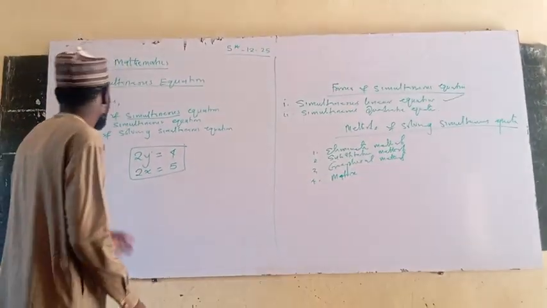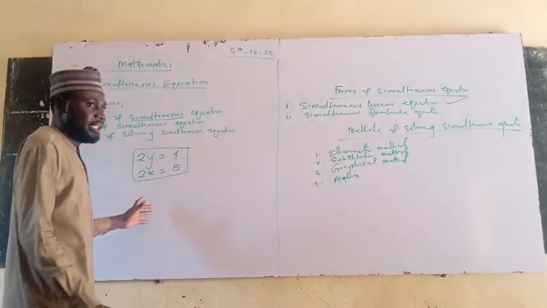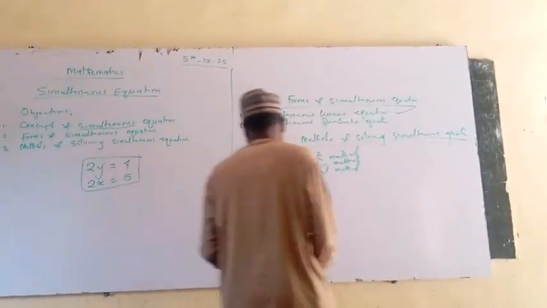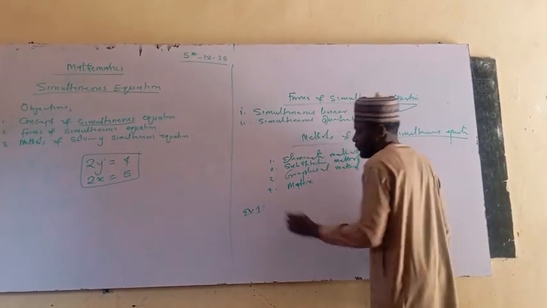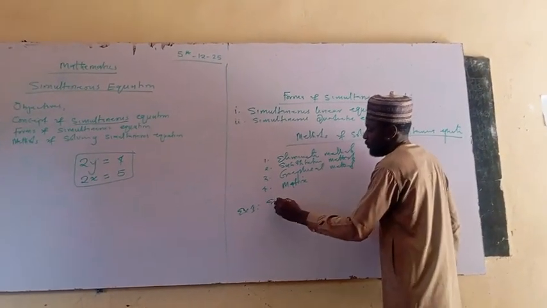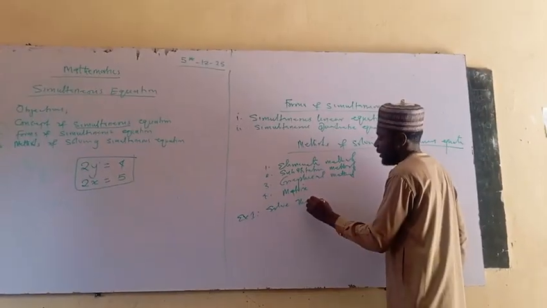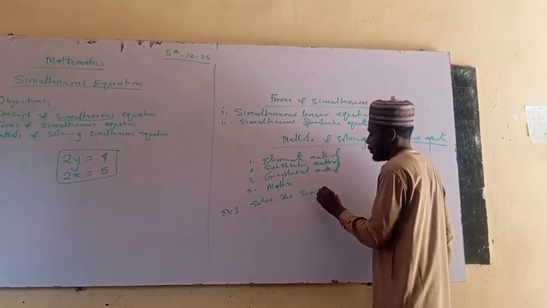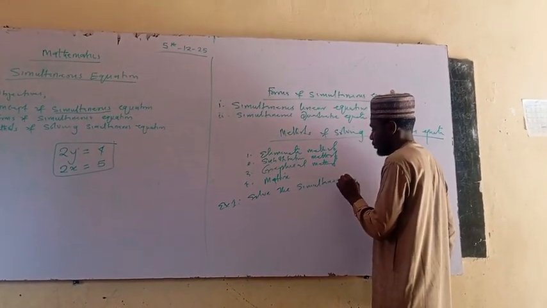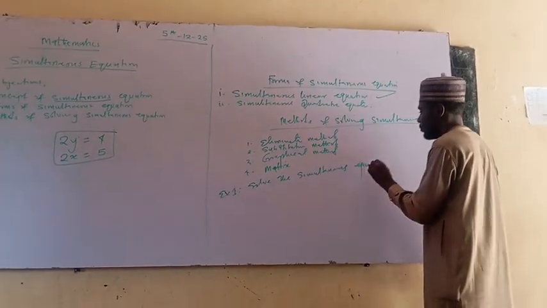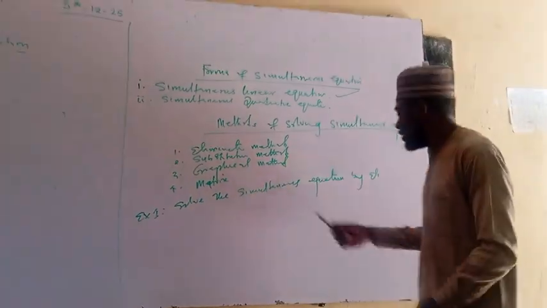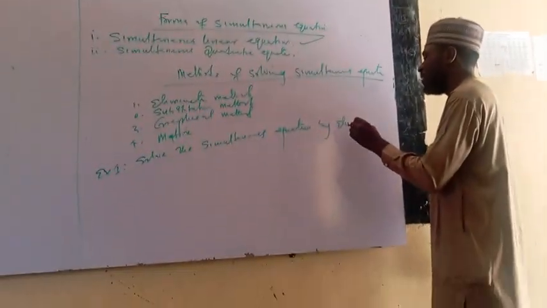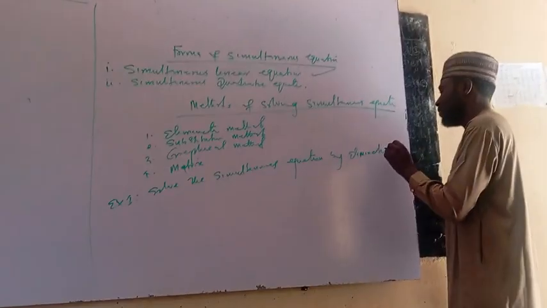Okay, now let's solve one or two examples related to simultaneous linear equation. Example 1: solve the simultaneous equation by elimination method.